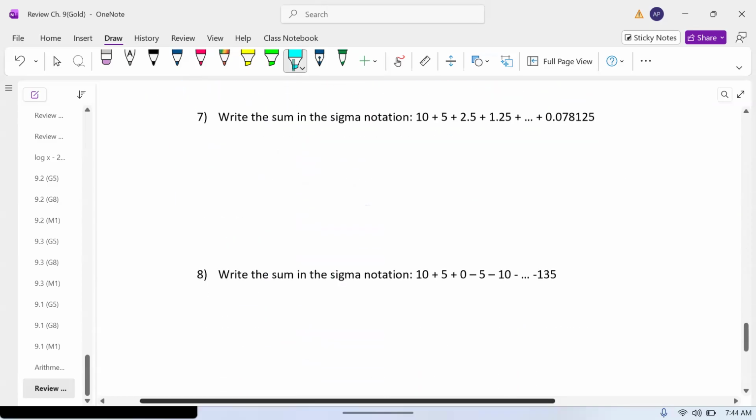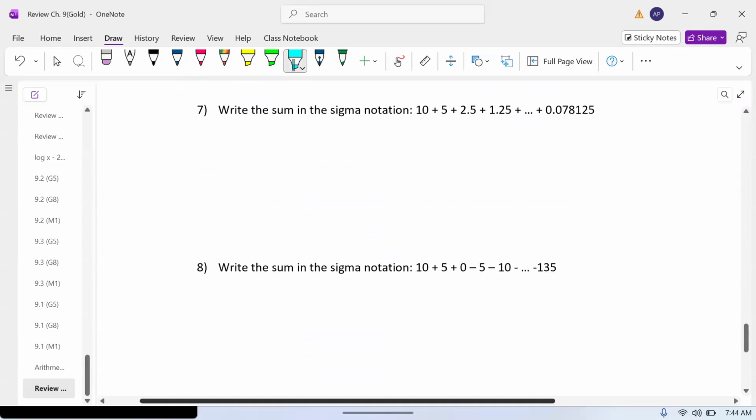All right, next. For number 7, we want to write our sum in sigma notation. Sigma notation looks like this. In the sigma notation, at the bottom, you can use n if you want to. We're always going to start with 1.